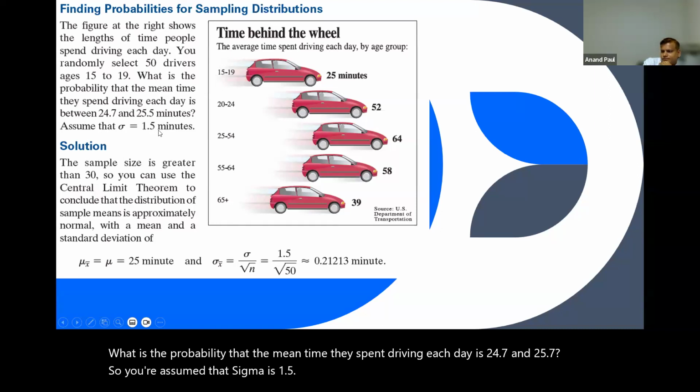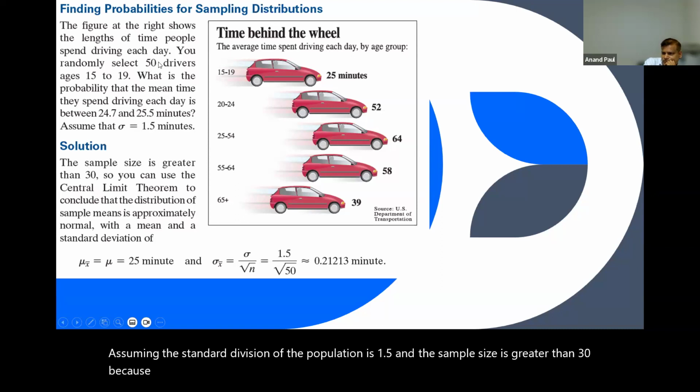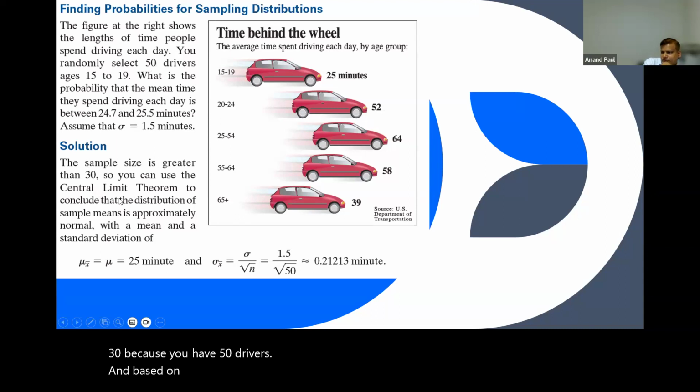So you're assuming the standard deviation of the population is 1.5, and the sample size is greater than 30 because you have 50 drivers. Based on the central limit theorem, we proceed with this problem here.